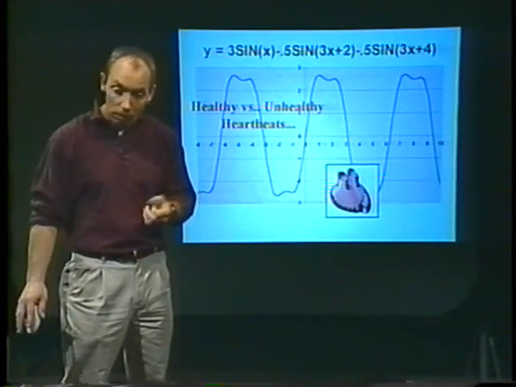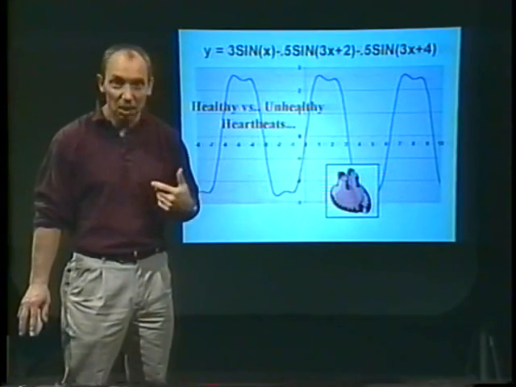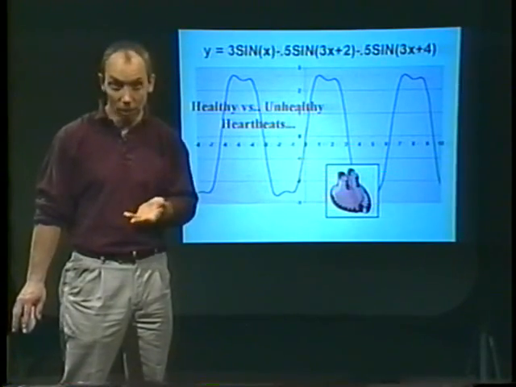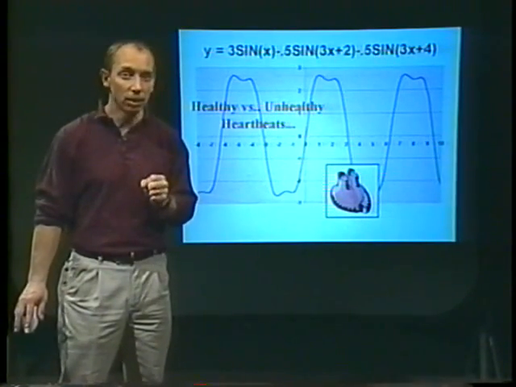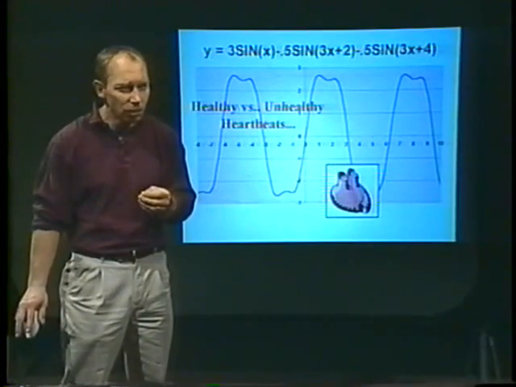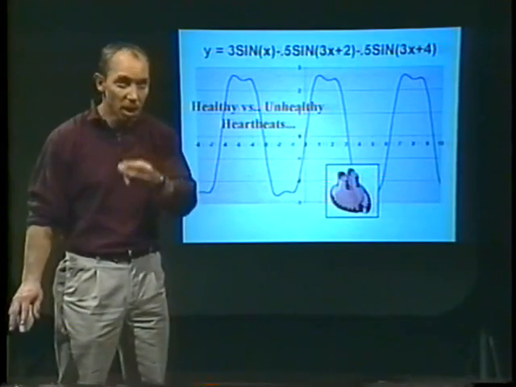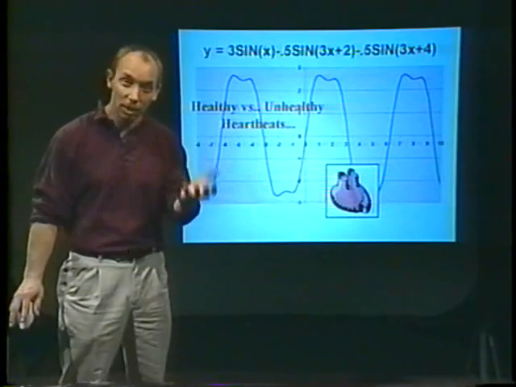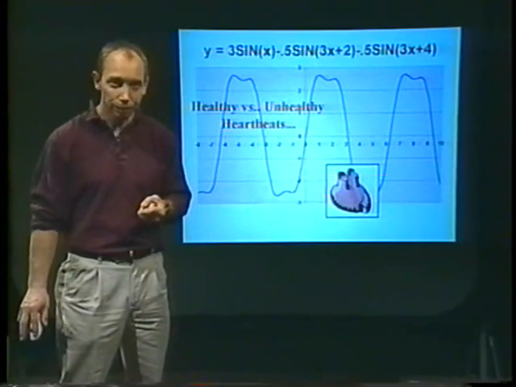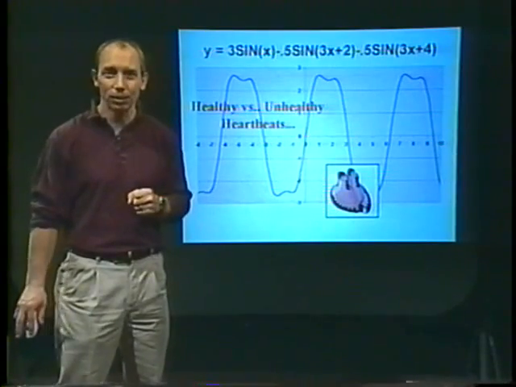And they can tell, without opening up your chest, not only whether you have a healthy or an unhealthy heart, but if you do have an unhealthy heart, they can tell, for instance, that valve in your right ventricle is blocked. They can tell that by looking at the graph. It's wonderful that they can use this. Anyway, that's what they use this stuff for.